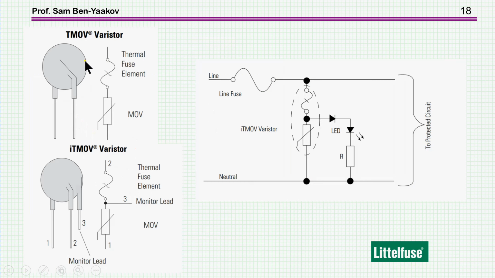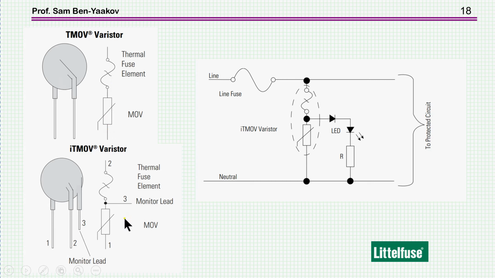So it looks like a varistor, but it has inside the thermal fuse element, so that if the temperature goes up, it'll open, and then there'll be no current and there'll be no protection. But it'll be a safety feature so that there'll be no flaming here due to the high temperature.